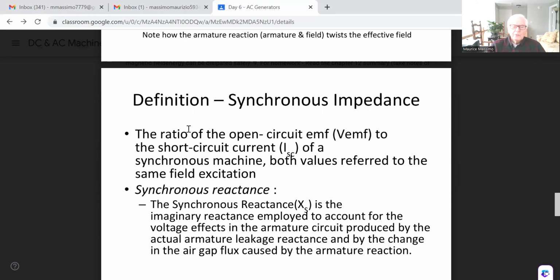Then we take the ratio of these two to give a synchronous reactance. It's synchronous because it's not really powering anything, not a piece of machinery. Both values refer to the same field excitation. So the synchronous reactance XS is just the ratio of VEMF to ISC.